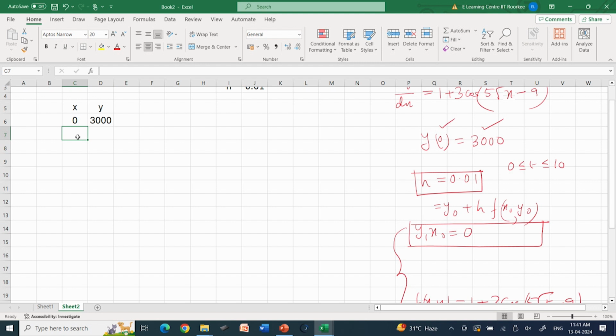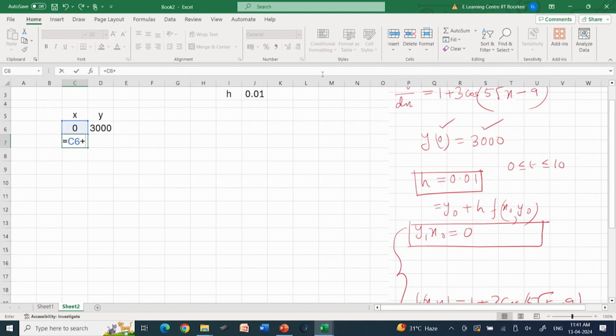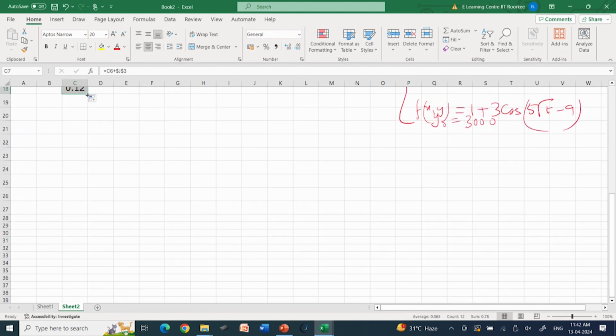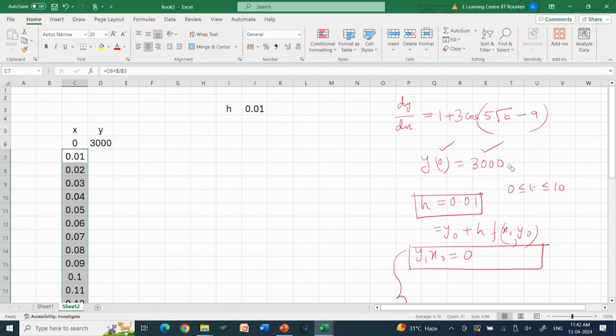If I want to calculate this, I put equal to, that is x0 plus h, which is this, and as explained before, I have to make this a constant value. So, I put a dollar here and I put a dollar here, enter, and I get this. So, I drag them, so a little more. So, I can go from 0 to 10. So, I choose some number.